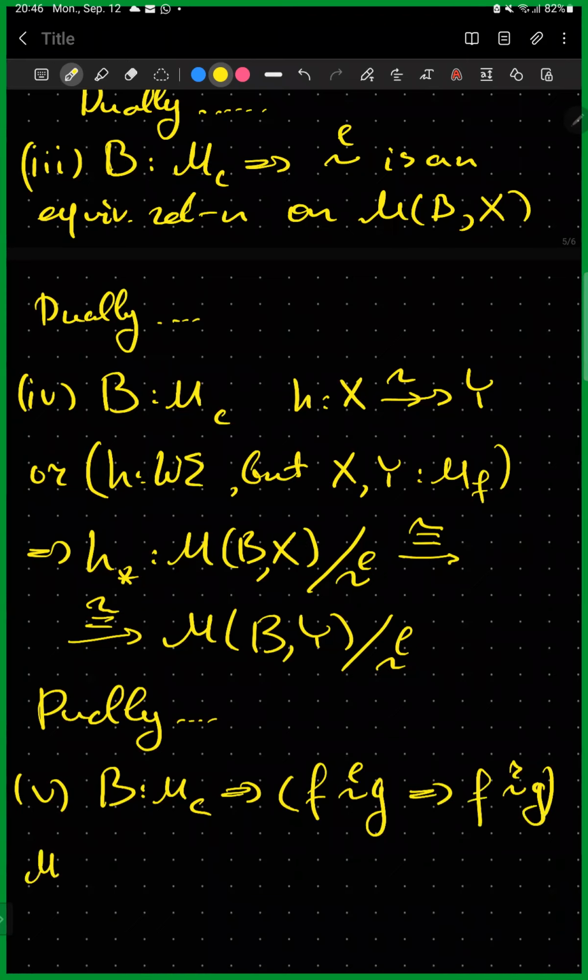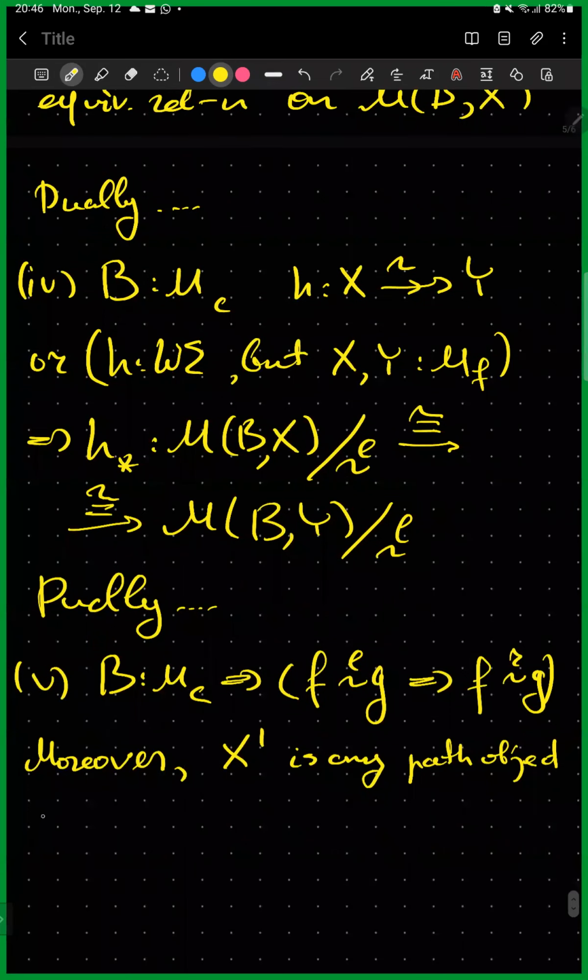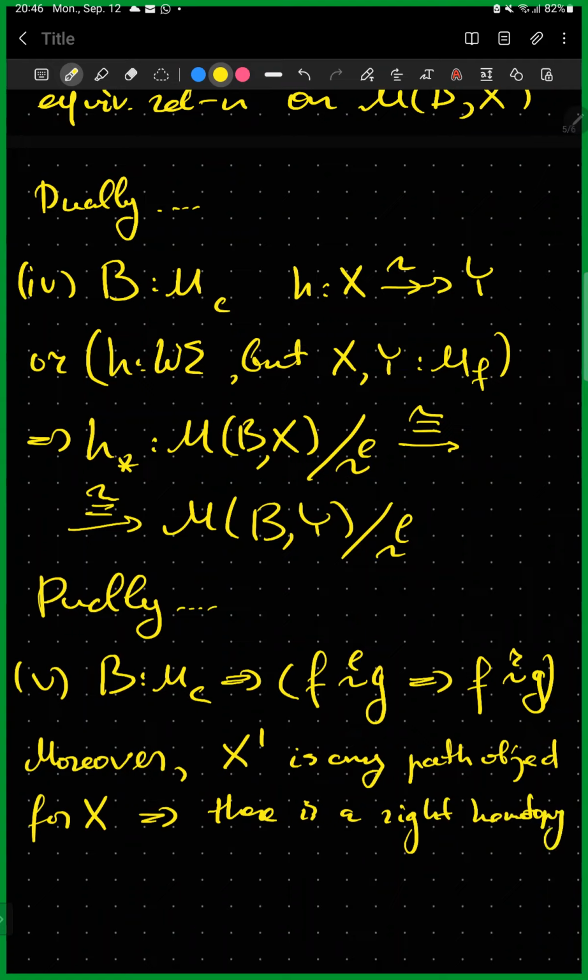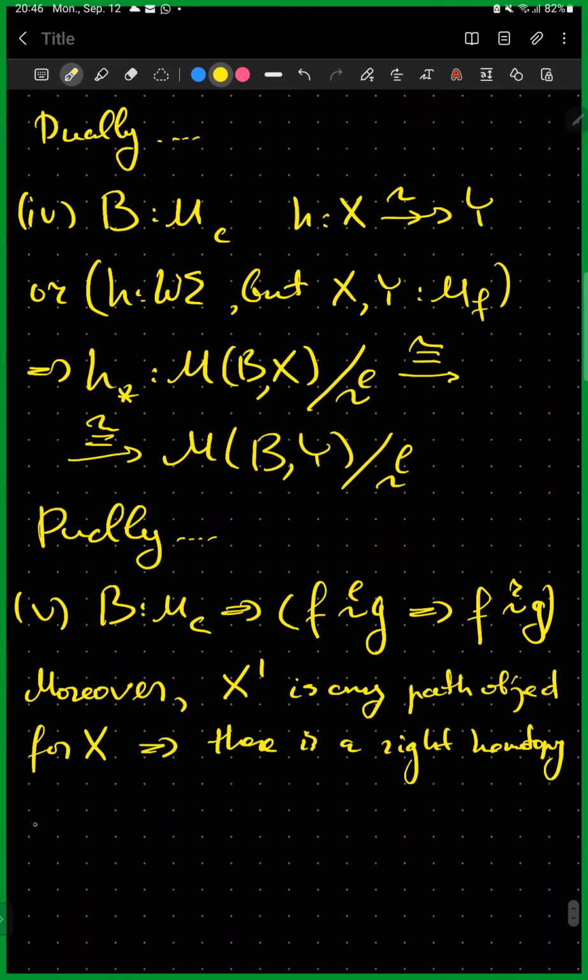Moreover, if X has any path object, then there is a right homotopy which uses this particular path object.